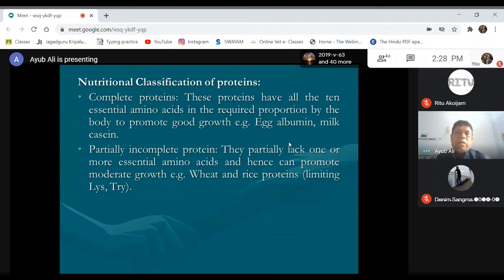That means this type of protein contains the essential amino acids, but the amount of some essential amino acids may not be sufficient. So it is called the partially incomplete protein. Example is the wheat and the rice proteins. They contain a limited amount of lysine and tyrosine.